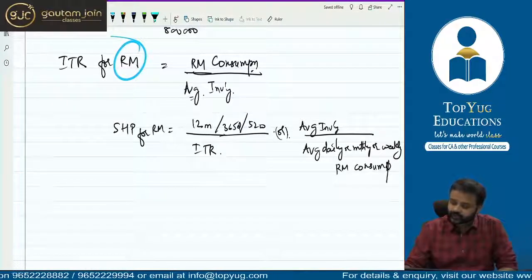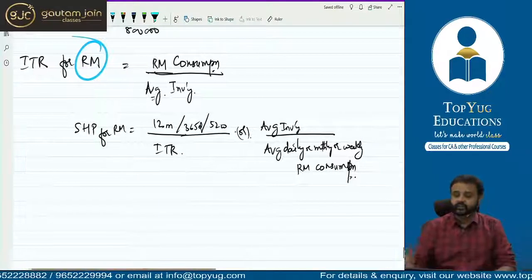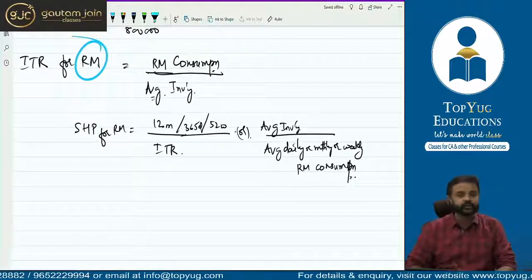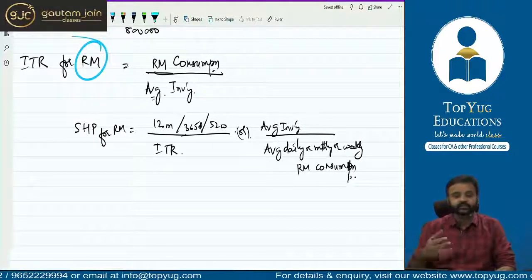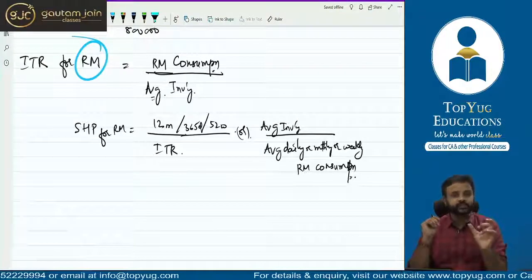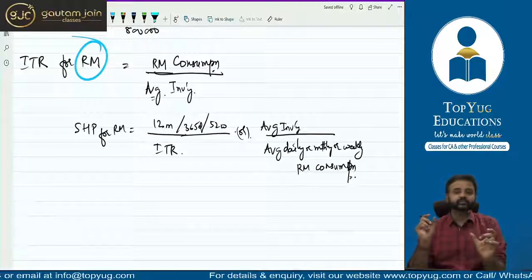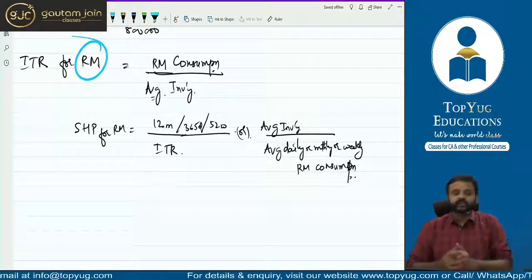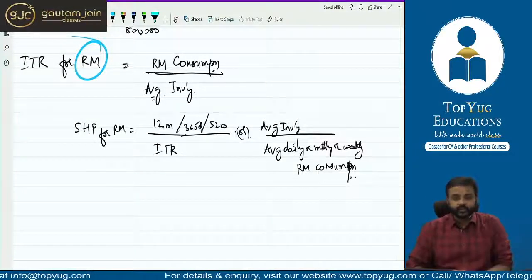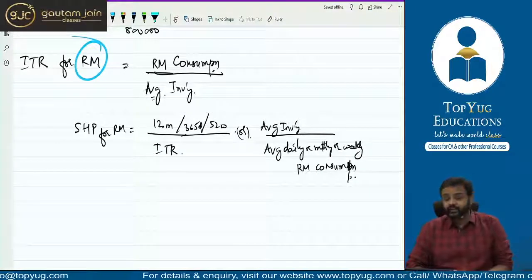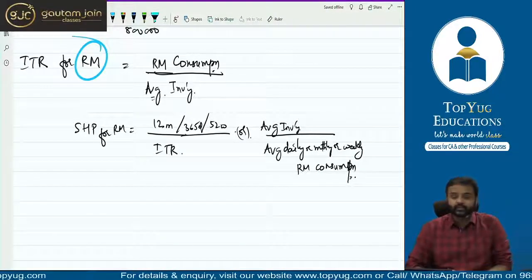This is another, mathematical way, where you don't have to memorize this. You just need to think about how much is the raw material consumption for the year and how much is the average inventory of raw material, cross multiply, and that way also you can get the stock holding period. Turnover ratio means higher the better, and holding period means lower the better, correct?